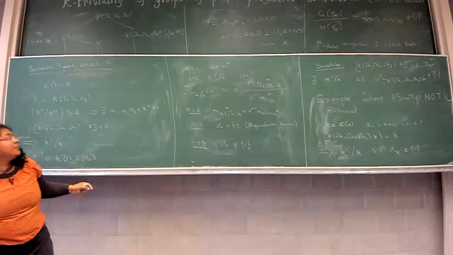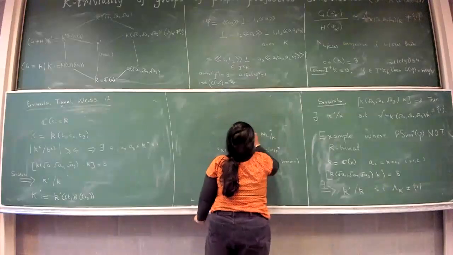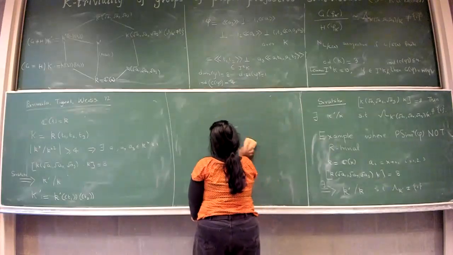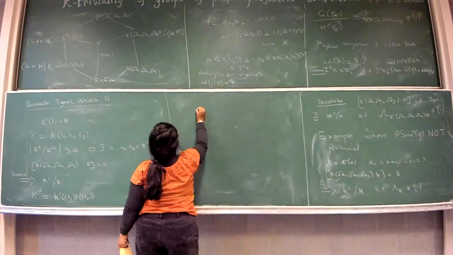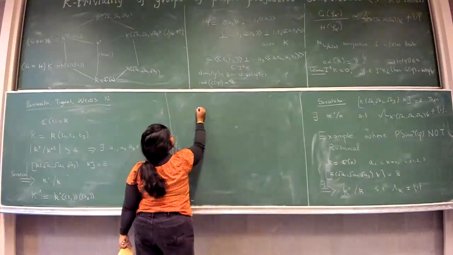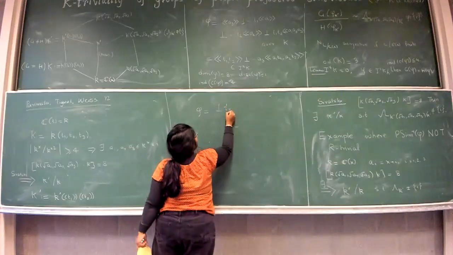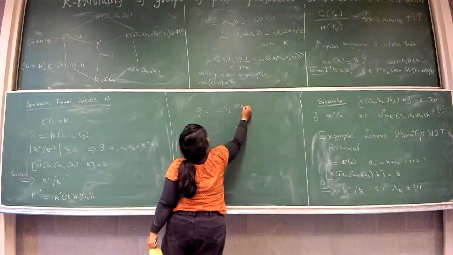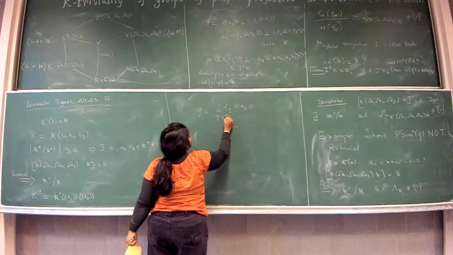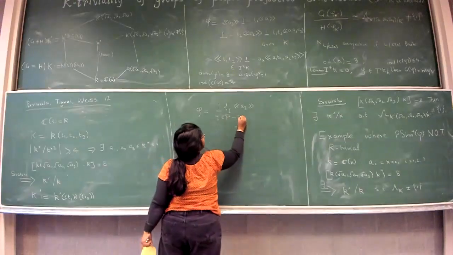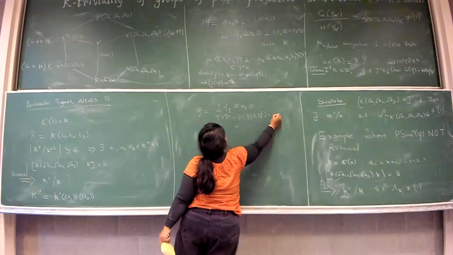So how will the form be? Here we are taking the form, these are actually 1, 2, 3 except the implicit.